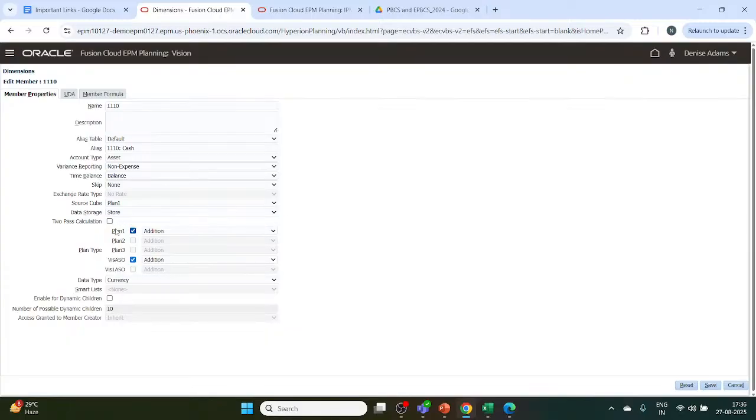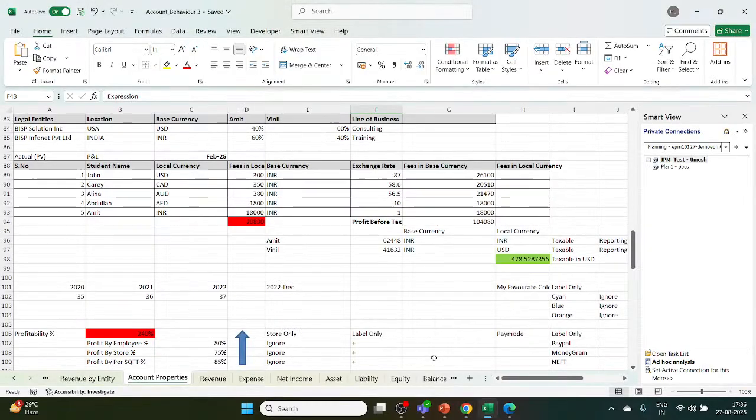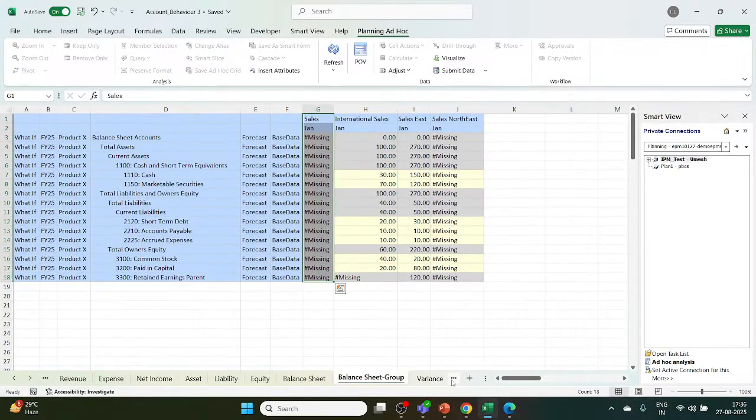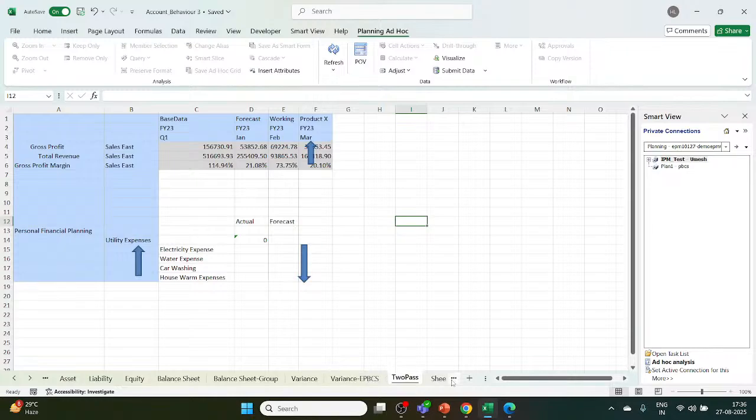So here the two pass calculation. We will see the two pass calculation here. For the two pass calculation, we can see that example here. This is the data here. Our gross profit of quarter 1 is of that amount.